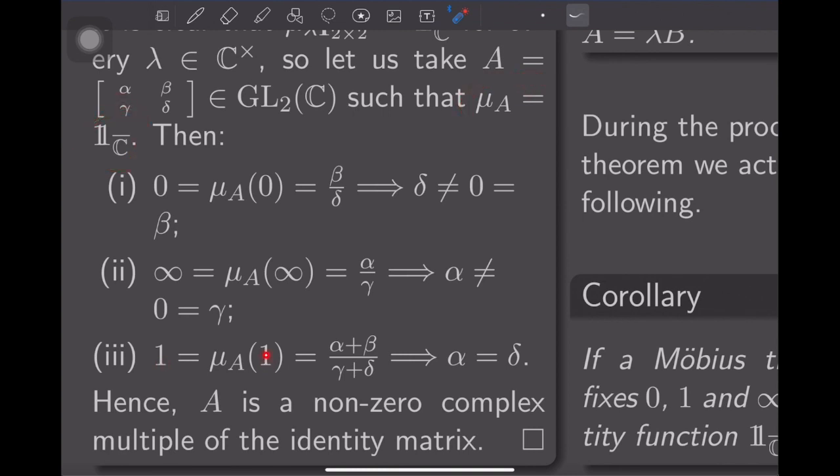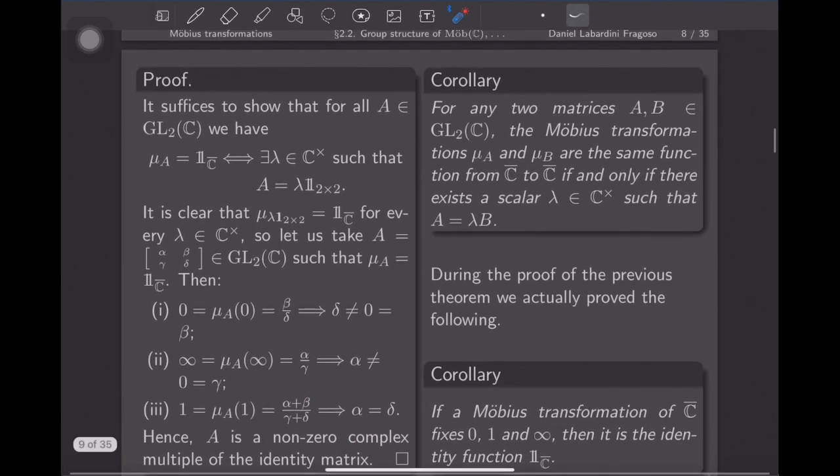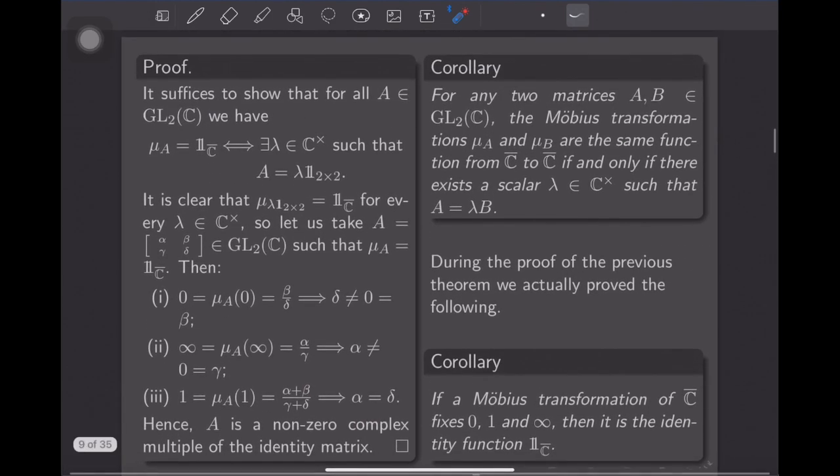And for 1, I just plug 1 in the expression alpha Z plus beta over gamma Z plus delta. So I plug it in, and I know that this one is 0 and this one is 0. So alpha is equal to delta, because alpha divided by delta is 1. All right, and then I'm done, right? Now what I arrive at is 0, 0, and these two are equal. Well, A was a non-zero multiple of the identity matrix.